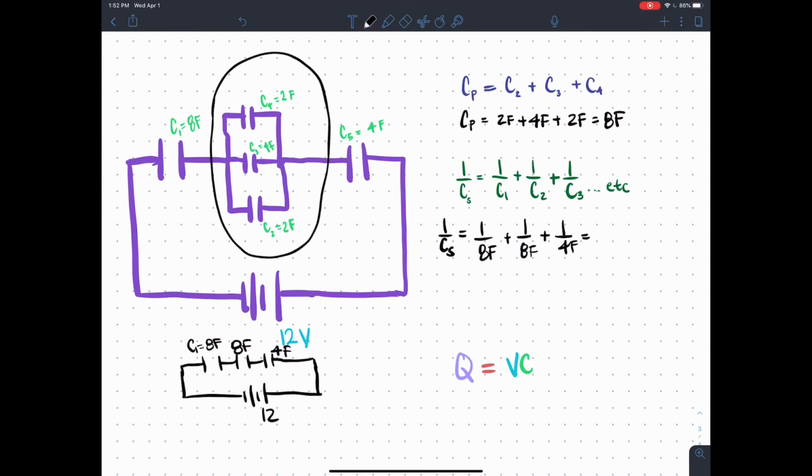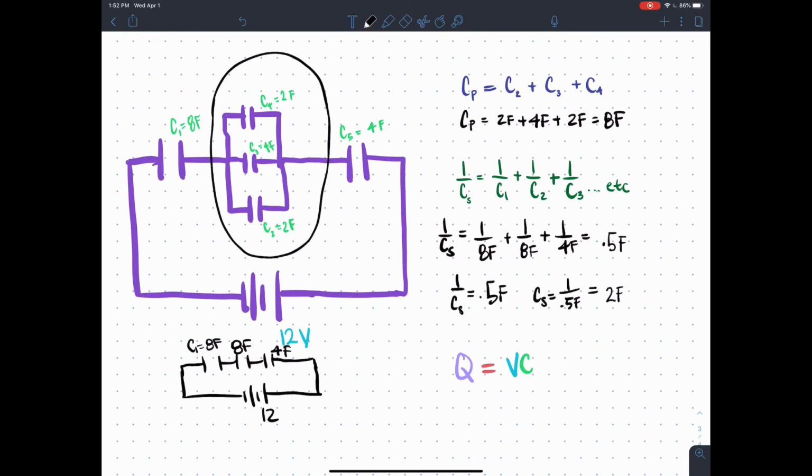And this will give us a total of 0.5 farads. We'll rearrange the equation to make C_S equal to 1 over 0.5 farads. And so the total capacitance in this series would be 2 farads.